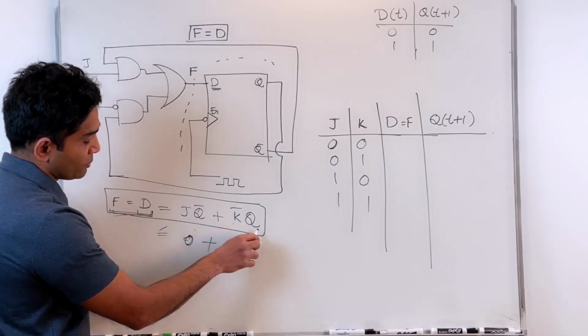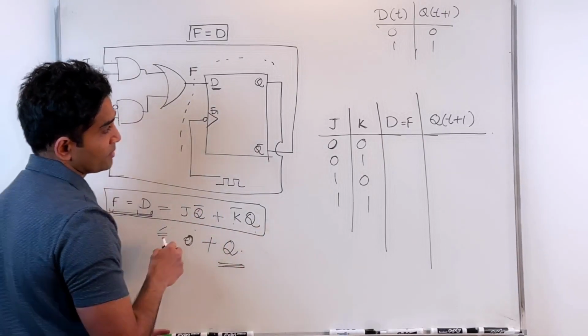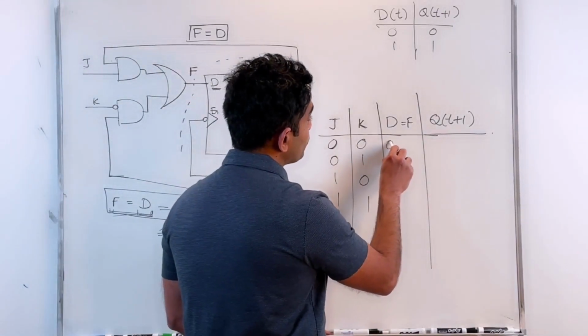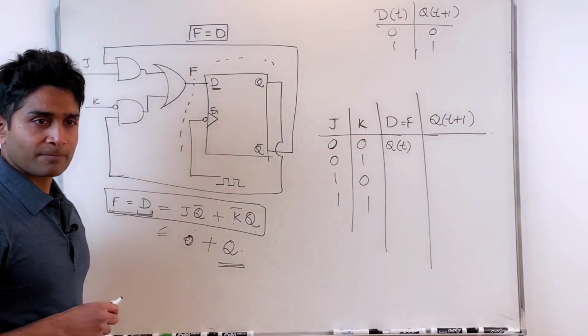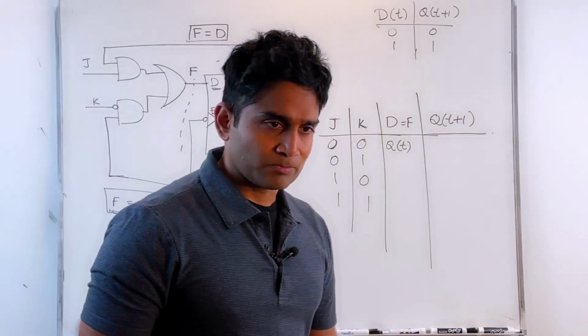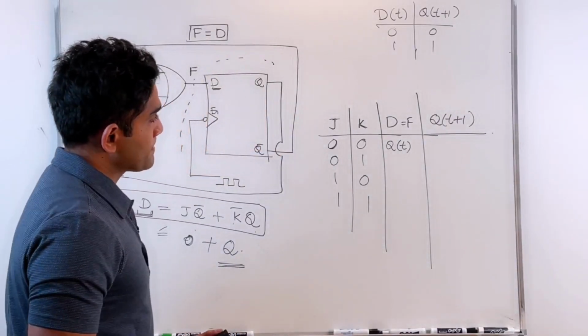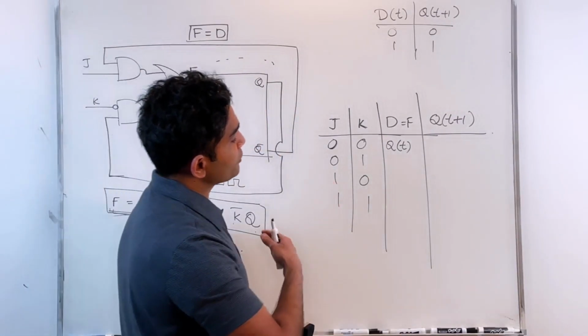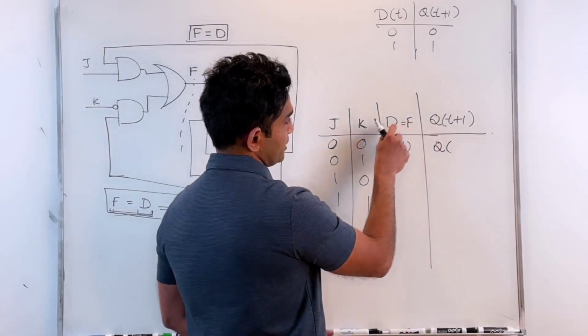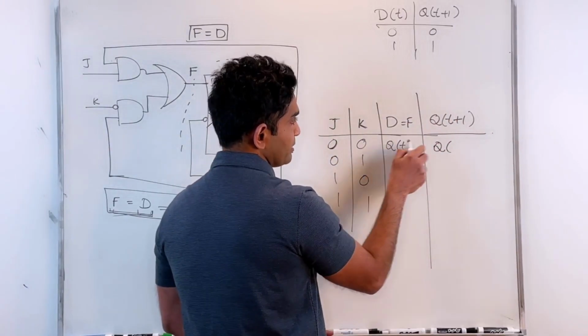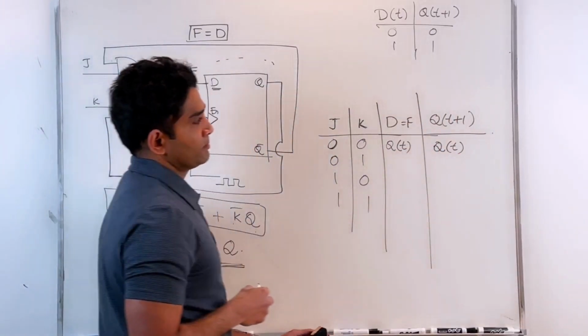So that's 1 times Q is Q. In other words, I'm applying a value of Q of t on my D, right? And in the next triggering instance, my Q(t+1) basically follows D, so whatever I apply on D, that's what it remains, right?